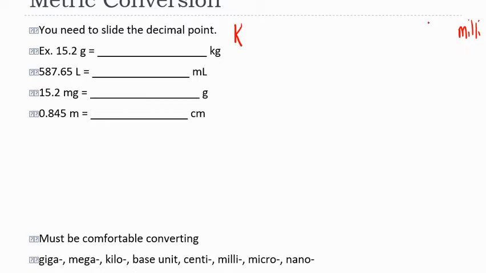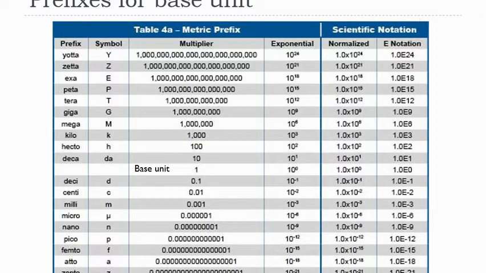That's the only part of the metric system we're going to worry about in here, from here to here. We'll work with some of the rest as we move through the year, but this is our focus, between kilo and milli.